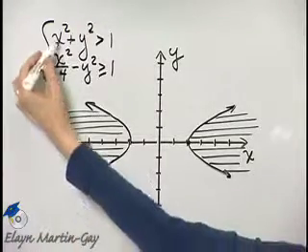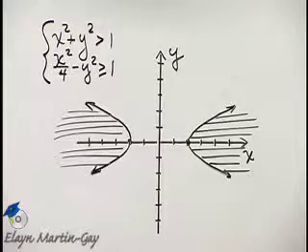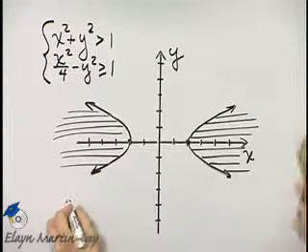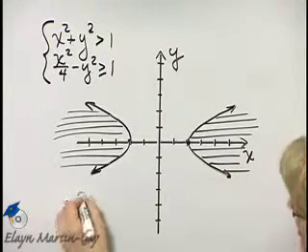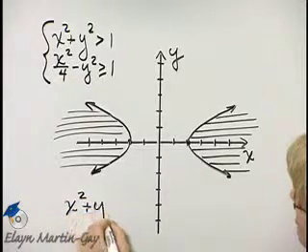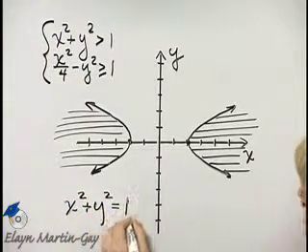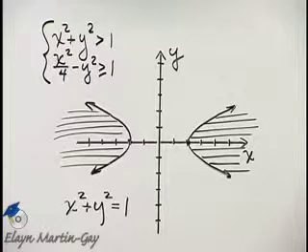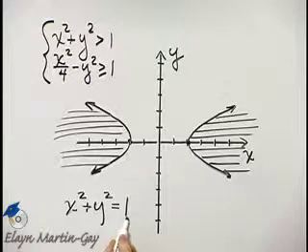Now let's look at the first nonlinear inequality in our system, and to see the shape of the boundary line, remember we look at the equation. What is the graph of x squared plus y squared equals 1? Remember, that's a circle with center (0, 0), radius square root of 1, or 1.